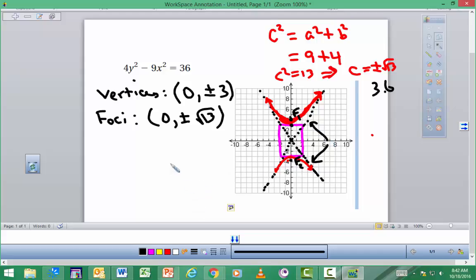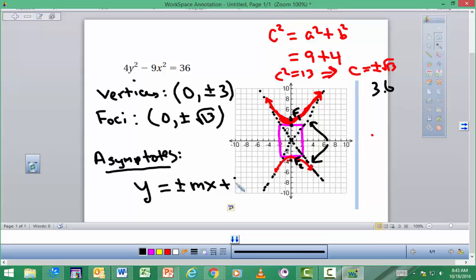Now you can look on your cheat sheet to try and figure that out, but it's actually quite easy, because the asymptotes, I'm going to write it out here. Hopefully you don't think too hard about it, because it's not that hard. It's basically y is equal to plus or minus mx plus b.